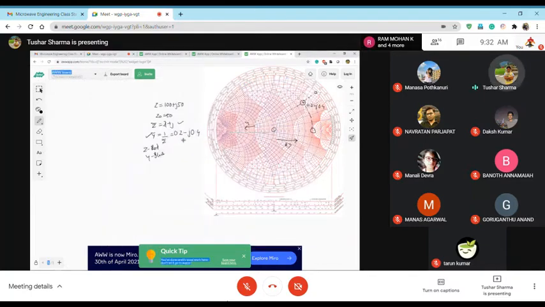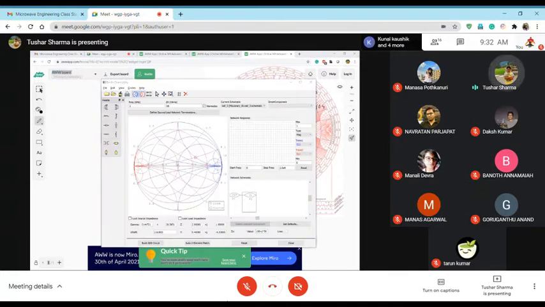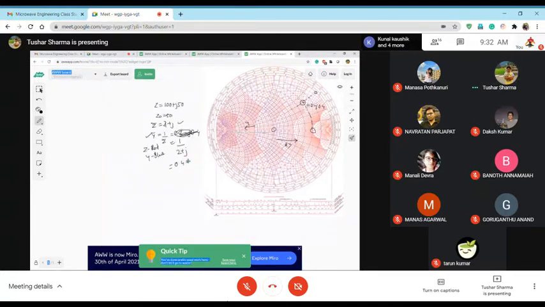You guys should have pointed it out. I made a mistake. This is not the impedance. If you do 1 over Z, which is equal to 1 over 2 plus j, that is equal to 0.4 minus j0.2. Okay, so it will remain the same. I think our Z circle is the same.